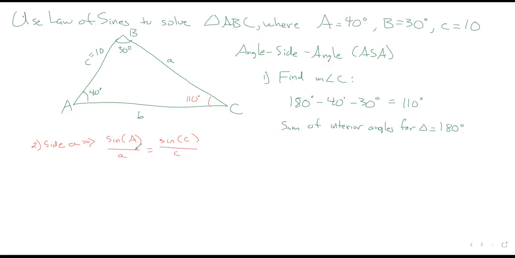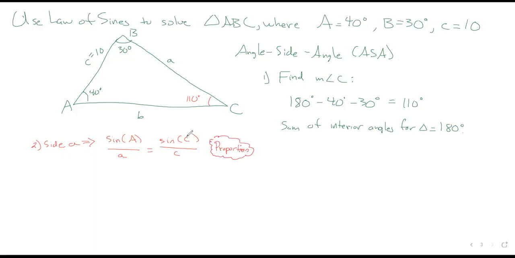So I'm pretty confident that whatever I get for side A will be accurate until I decide to round it. So that's what I'm going to do here. So this is a proportion. Okay, it's a proportion.